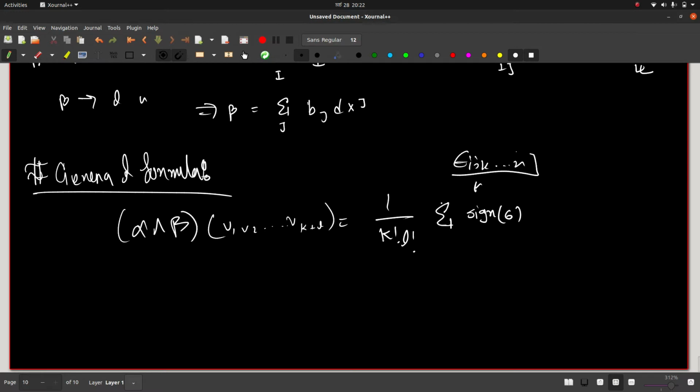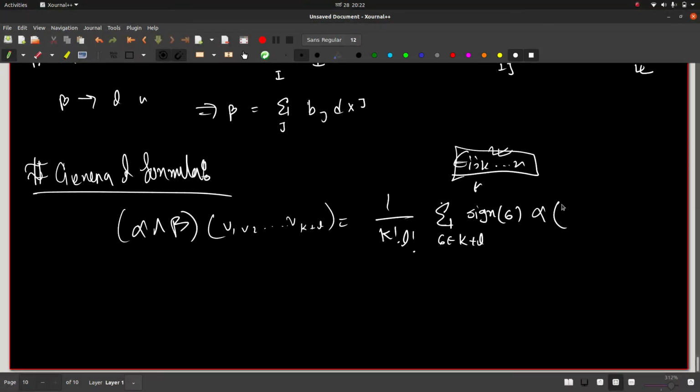Again, I'm not using this, though this is the most straightforward thing, because we are not discussing tensors, so that's why I'm not going to use it. And the sigma belongs to the permutations of k plus l. For different k's and l, you have to see what is the sign.